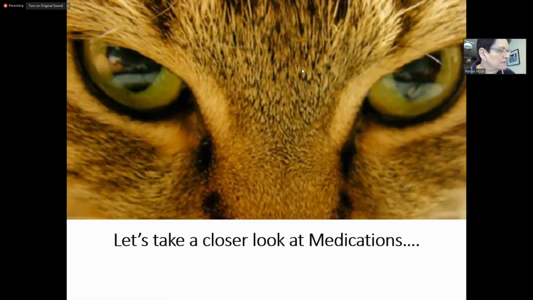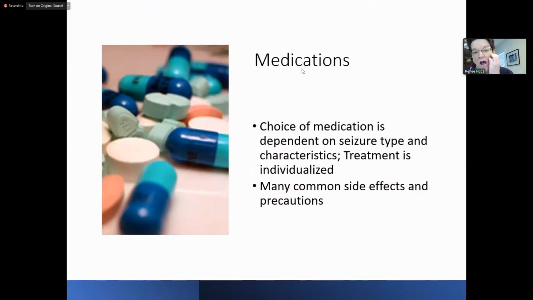Okay, so let's look at some of these medications. One of the things that you'll need to recognize is that the choice of the medication is dependent on the seizure type and characteristics. So the treatment for these patients is very individualized, meaning that someone with absence seizures is probably going to be on one type of medication.